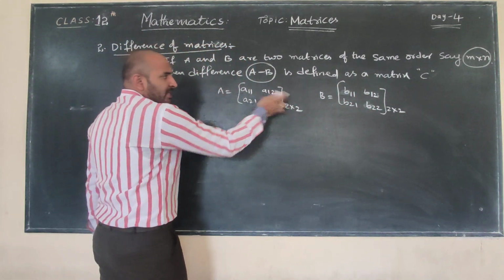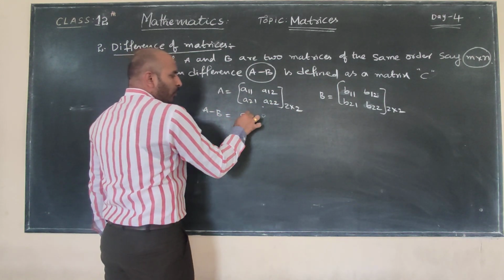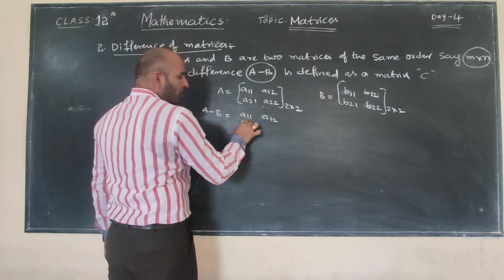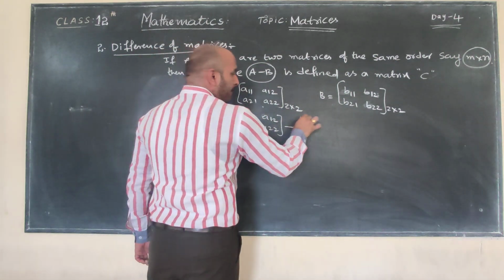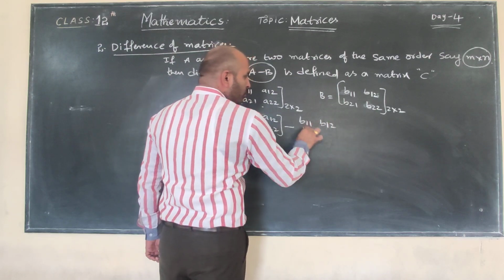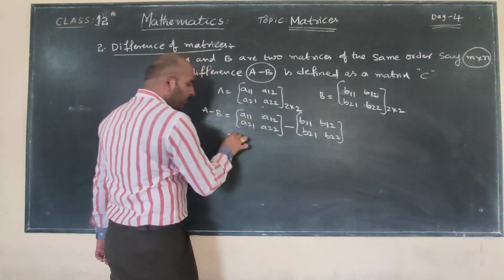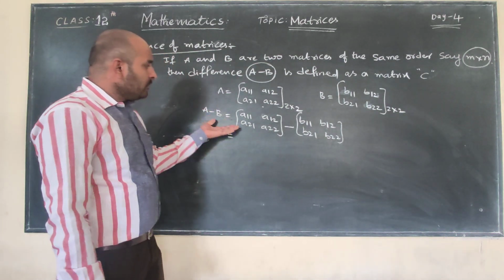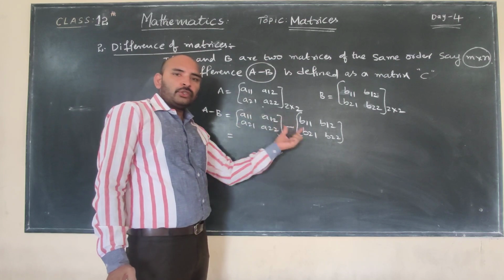Then the difference of the two matrices, denoted by A minus B, is equal to A11, A12, A21, A22 minus B11, B12, B21, B22. So how to find the difference between two matrices?